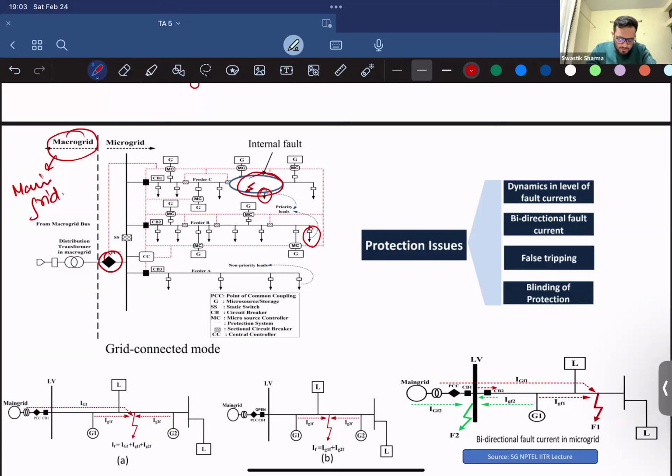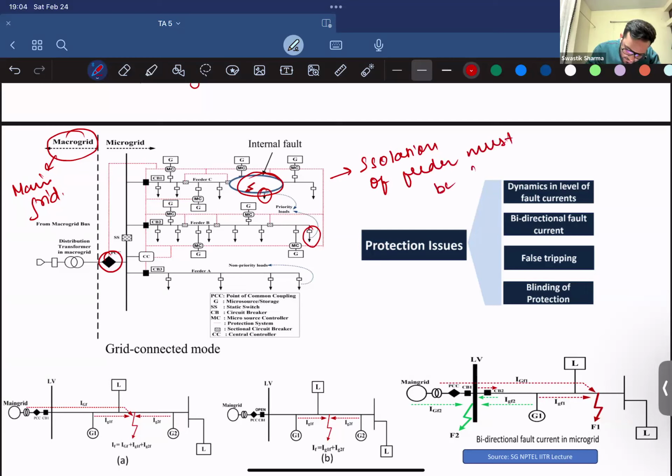So what we want to do is protect our system from both utility and microgrid faults, and we must isolate the faulty system as soon as possible to eliminate the fault, right? And this isolation of the system, or I should say feeder, must be small.